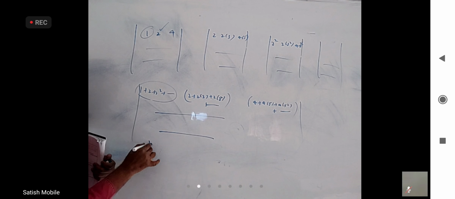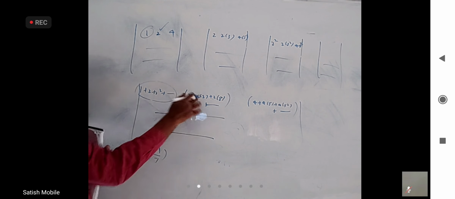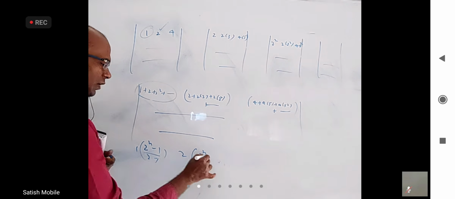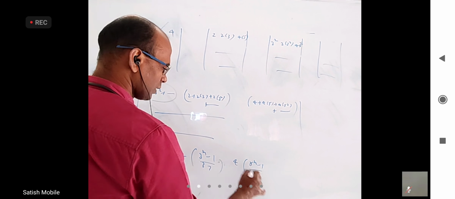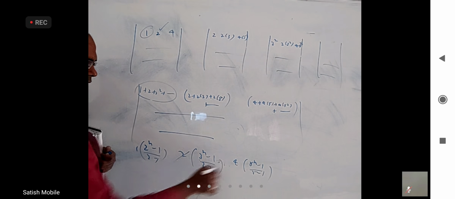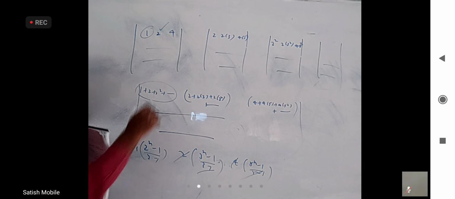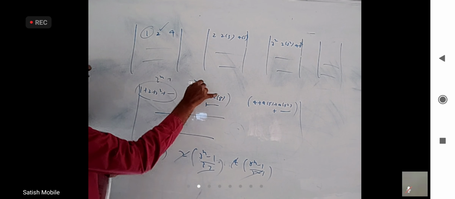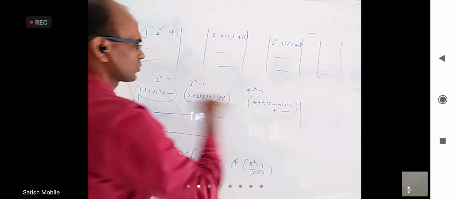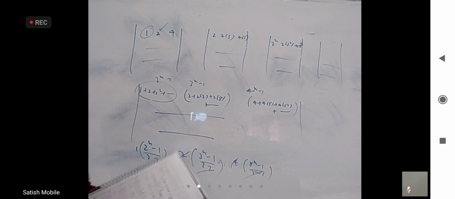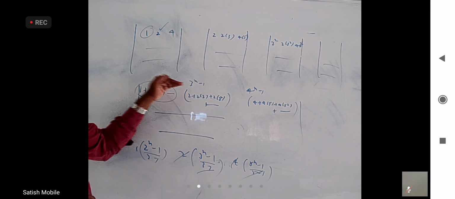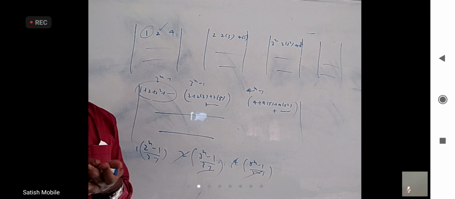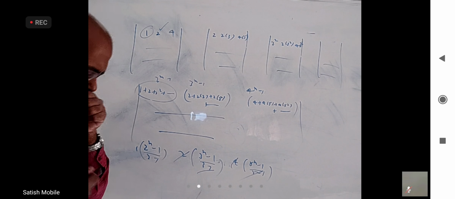It is 2 power n minus 1 by 2 minus 1 into 1, a into r power n minus 1 by r minus 1. This is also 2 into 3 power n minus 1 by 3 minus 1. This is 4 into 5 power n minus 1 by 5 minus 1. 2 will cancel, 4 will cancel. Basically, you got 2 power n minus 1, 3 power n minus 1, 4 power n minus 1. That is exactly same as the third row. Because the new first row is the same as the third row, that is 0. Is it okay?